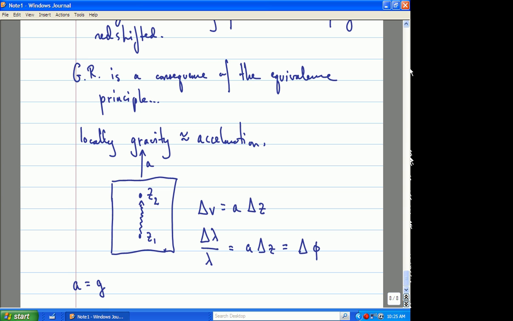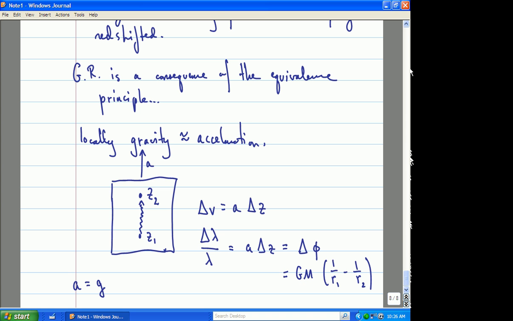Or, for example, if you are looking in the presence of the Earth's gravitational field, this would be GM times (1/R1 minus 1/R2). So just the equivalence principle says that there should be a gravitational redshift, which is proportional to the change in the gravitational potential.